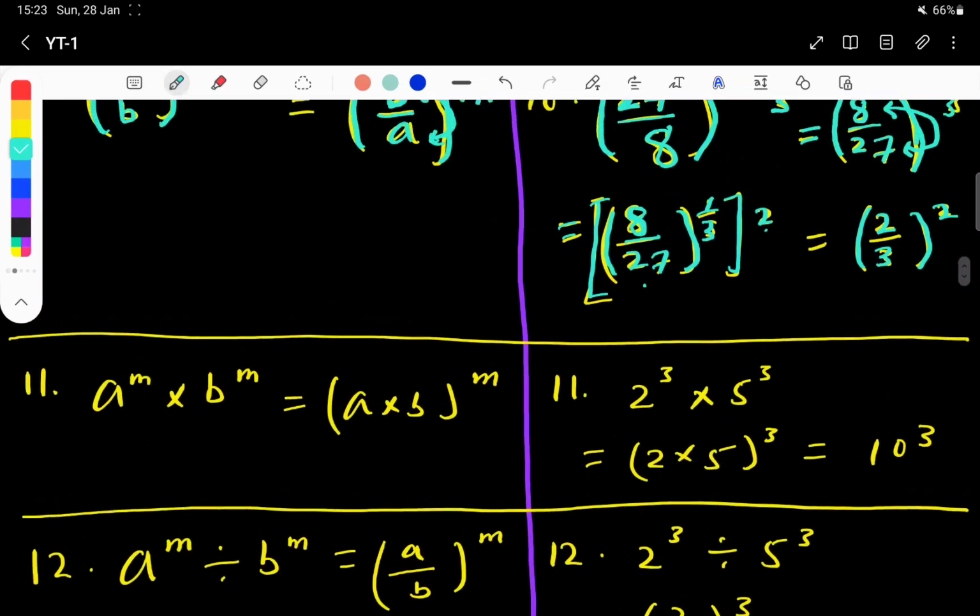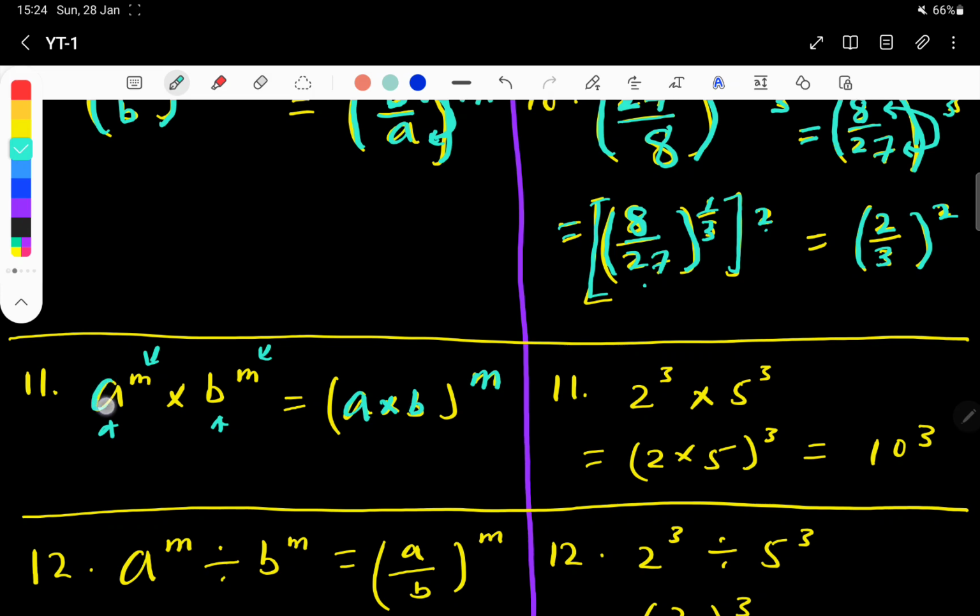Okay, so look at formula 11. You can see that this formula is special because they have the common power, but the base is different. So this is really a special case. For this kind of example, you can maintain the same power, which is m, but the multiplication process only involves a and b.